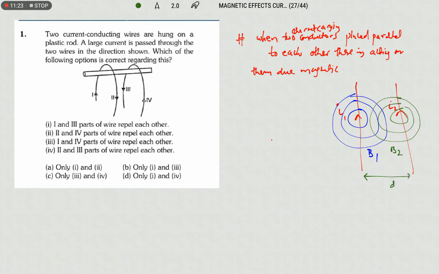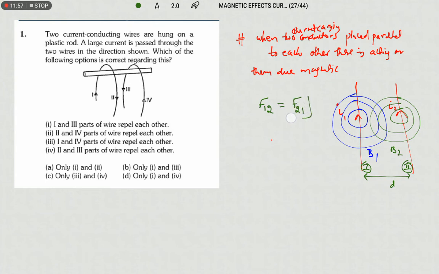If you observe this figure carefully, the second conductor is placed in the magnetic field of the first one. In the same way, the first conductor is also placed in the magnetic field of the second one. When a current carrying conductor is placed in a magnetic field, definitely it experiences some force. That's why there is a force exerted on 1 due to 2, and in the same way on 2 due to 1.